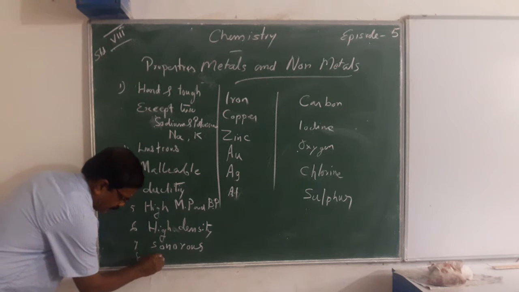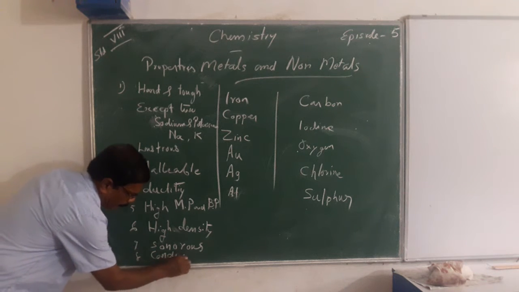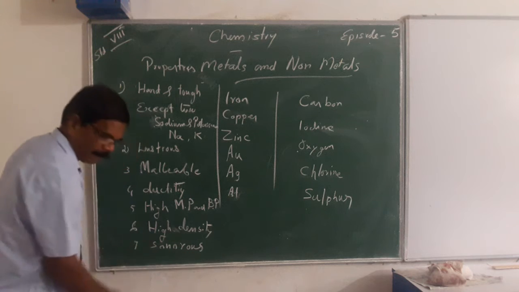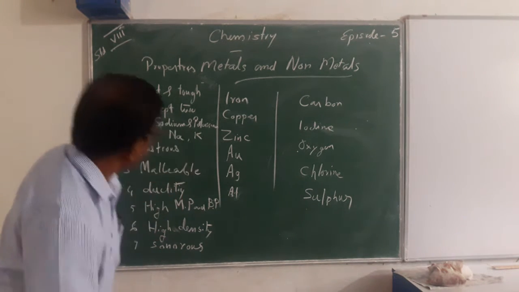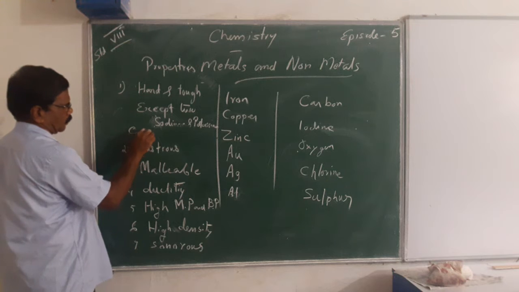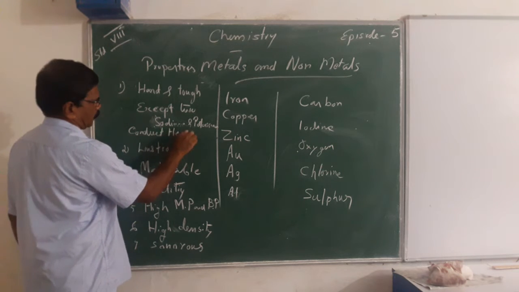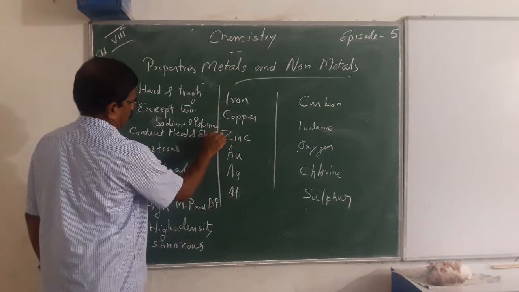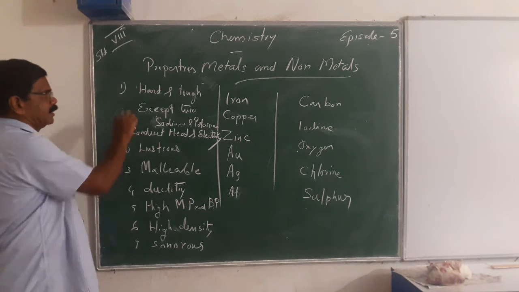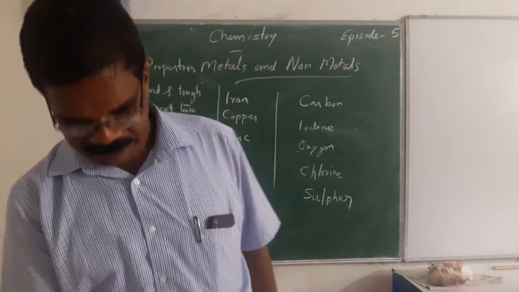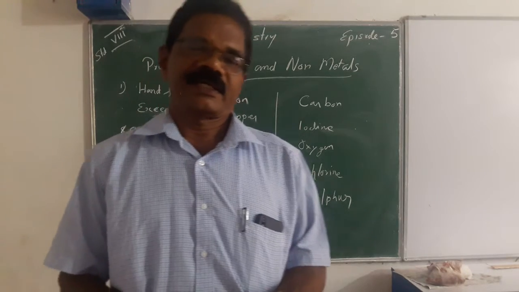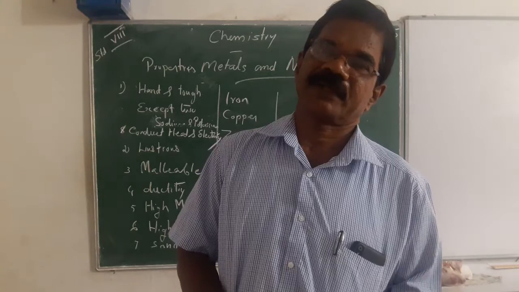They conduct heat and electricity. So it is used in making wires, and all the electrical instruments are made up of either copper or aluminium.